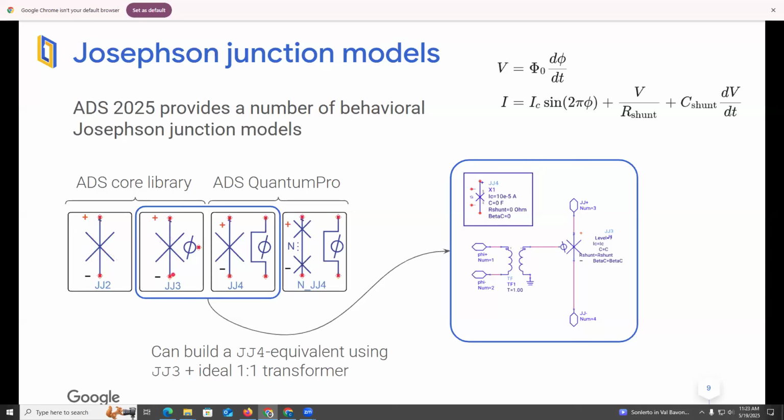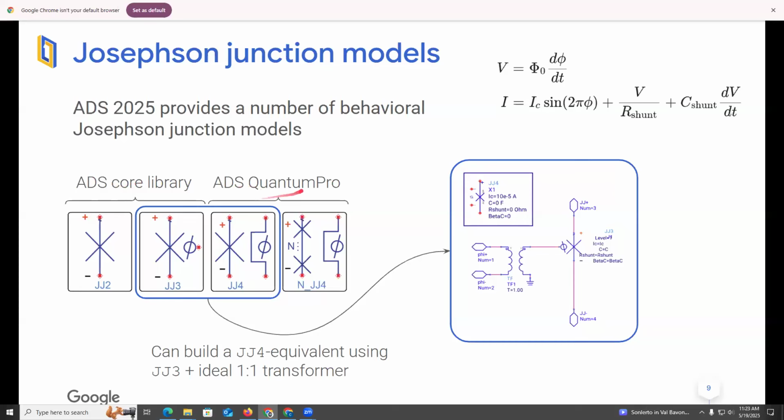You can have a three-terminal junction that has the electrical part and has one phase node that, assuming it is a zero reference, gives you the voltage proportional to the phase. And you have the fully differential JJ4 component that gives you the differential phase as a floating voltage.